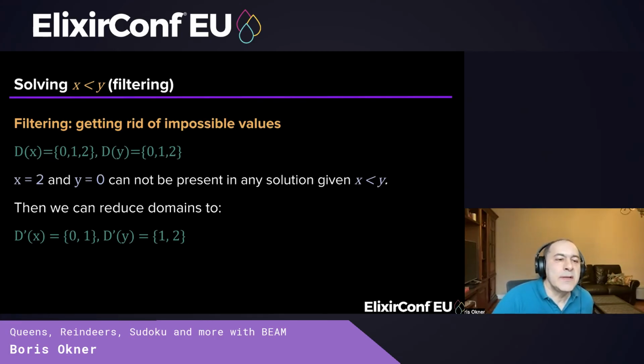Looking at the domains, the solver realizes that x equals 2 and y equals 0 cannot be part of any solution, so we can knock them down. And we will end up with reduced domains like so, two domain values for each variable, but that's as far as the filtering can go at this point.